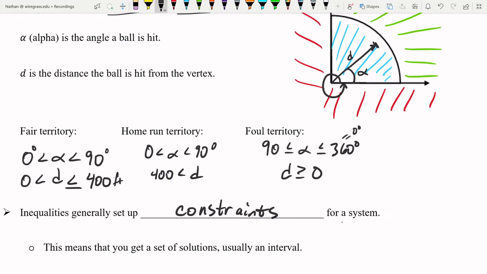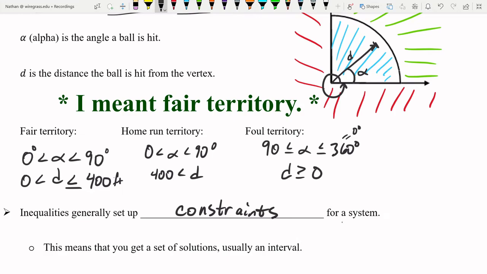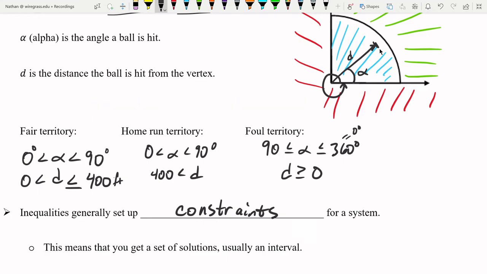So if we were looking for home run territory, we're going to get this set of solutions, all the values in this blue region here, in this fair territory region. Sometimes it's going to be an interval that you're going to look at, or it's going to be some kind of region on a graph, things like that. That's what you'd expect from a system of inequalities.